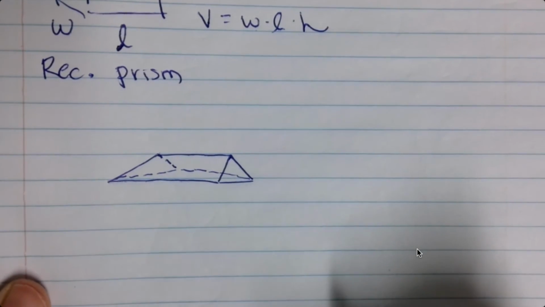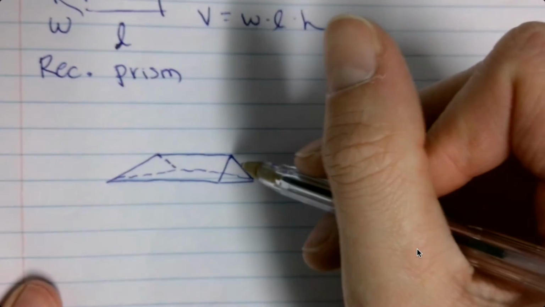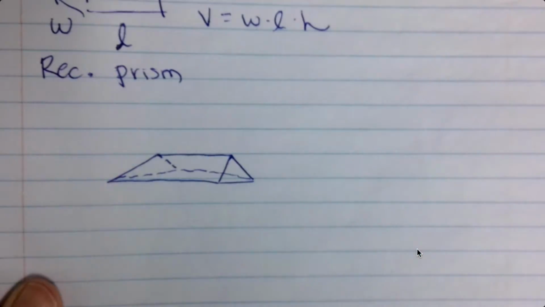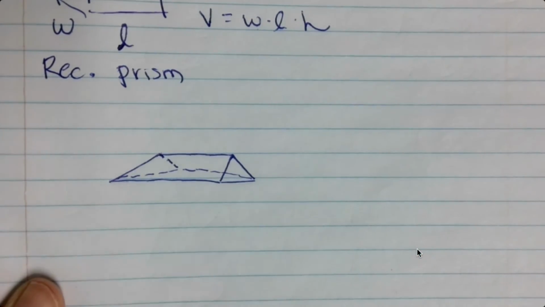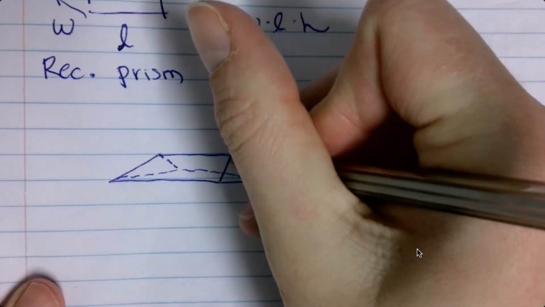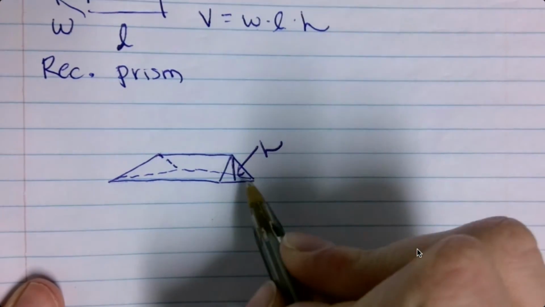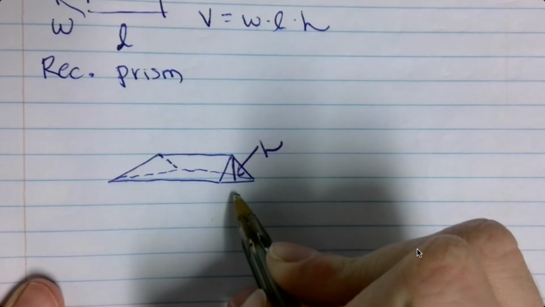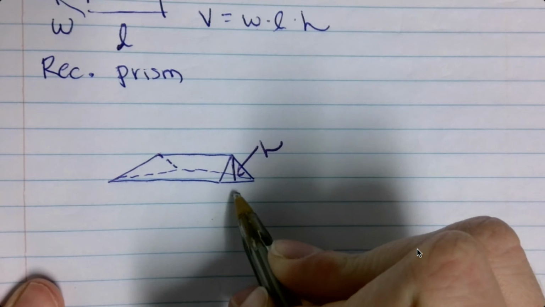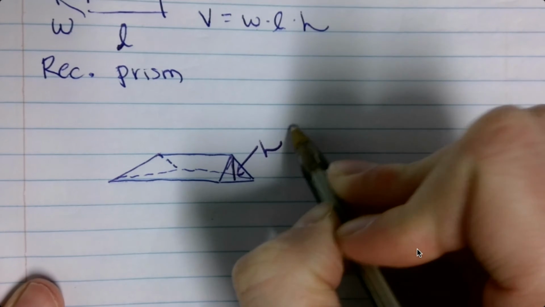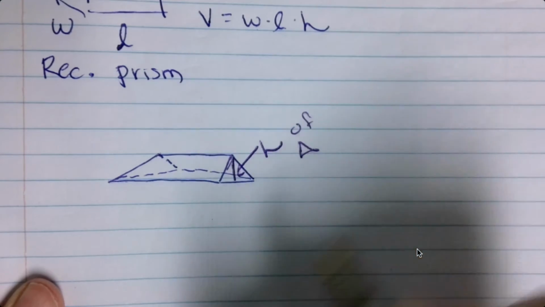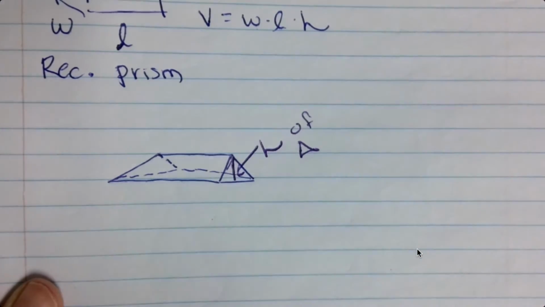All right? Now, couple things here. One, remember when we're talking about triangles, the height is there for the triangle. The height of the triangle is there. Okay?